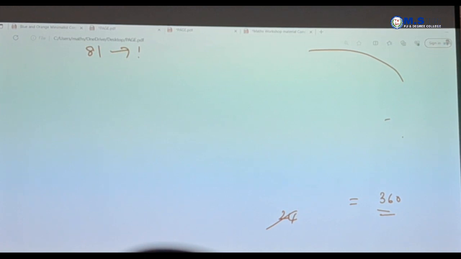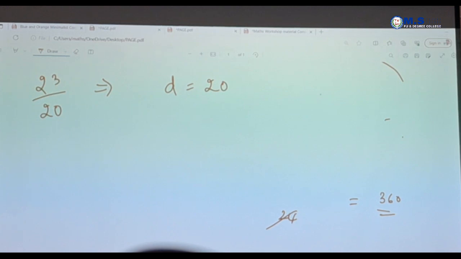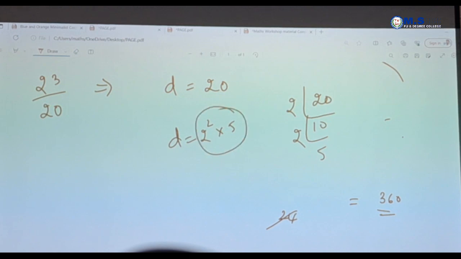What is the fraction? 23 by 20. What is the denominator? The denominator is 20. The factors are 2 twos are 4, 2 fives. So the denominator is 2 square into 5. It is of the form 2 power m into 5 power n. Therefore it is terminating.